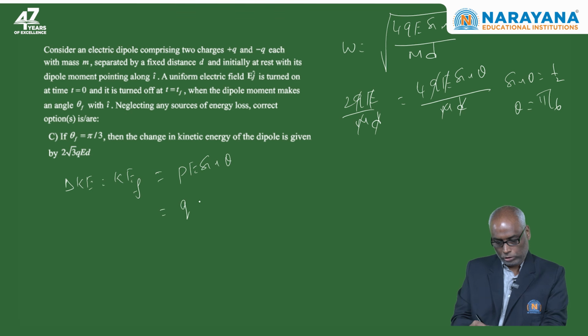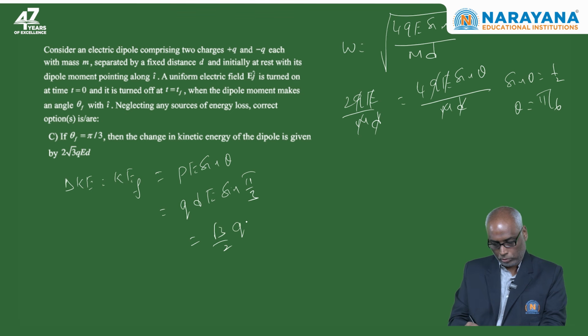P is nothing but Q into D, so it is QDE sin pi by 3, which is root 3 by 2 QDE. So, option C will be wrong.